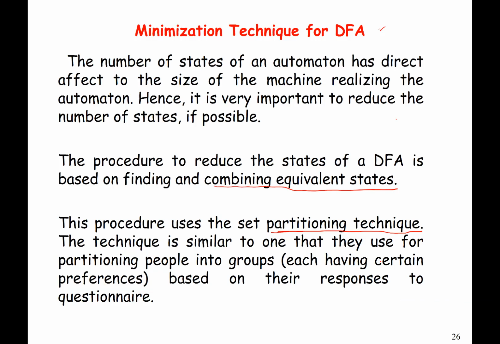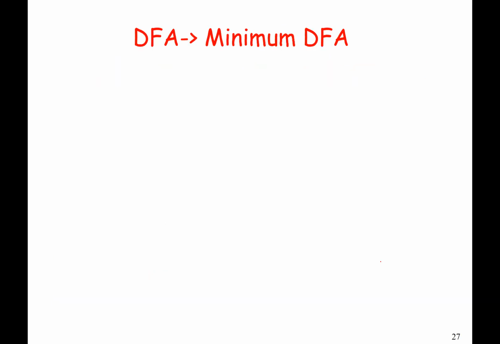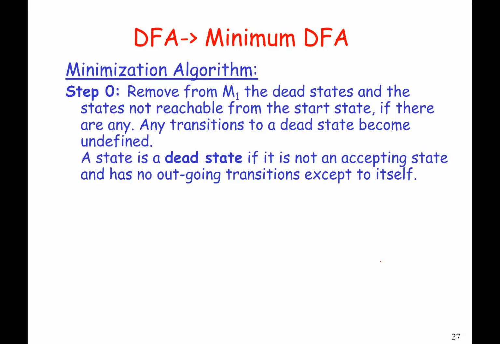The minimization process is a constructive process, from a DFA to a minimum DFA. So it is iterative, with a number of steps. The algorithm is, to begin with, look at the machine M1 and remove any of the dead states, that is, states which are not reachable from the start state, and then remove any of the transitions because they are not defined.